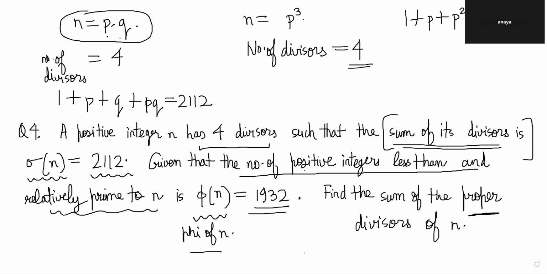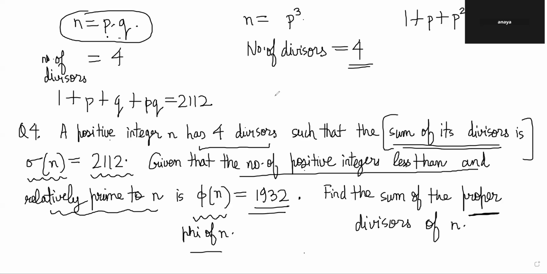So what can we say about that? Basically, if there are two prime factors, all multiples of any prime factor will not work, right?